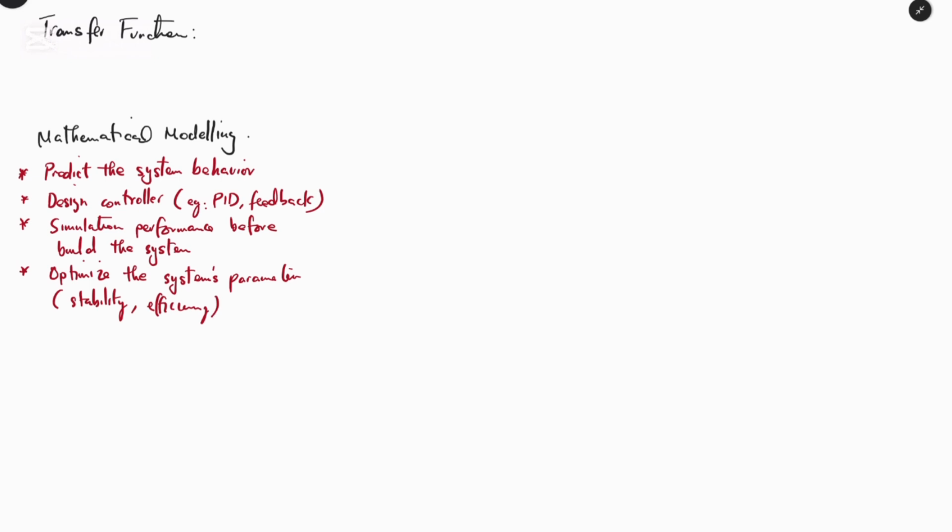So we can see that we have a mathematical model and we have a physical system. And a mathematical model is the opposite of a physical system.